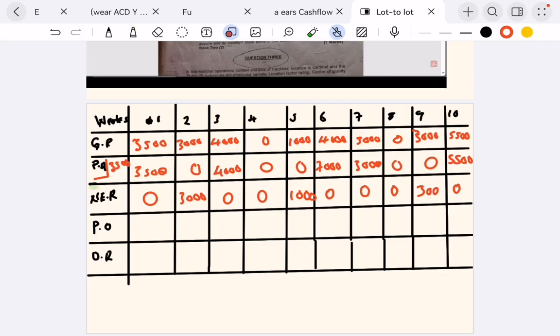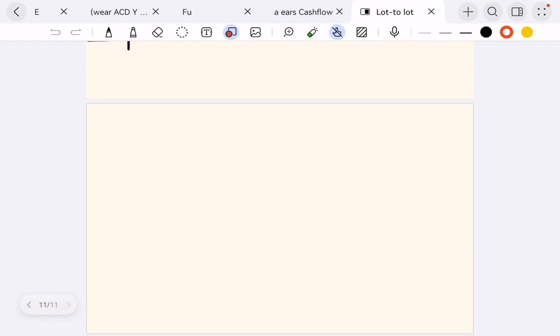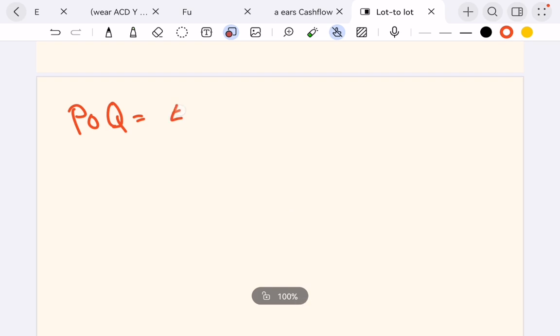So the periodic order quantity is equal to EOQ, economic order quantity, over average demand.